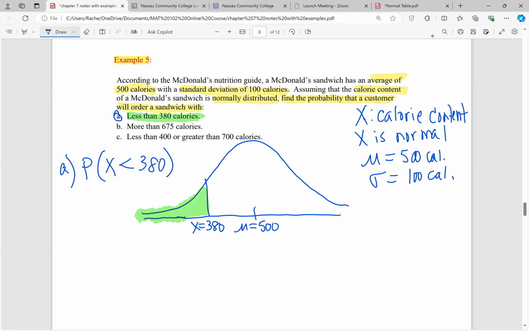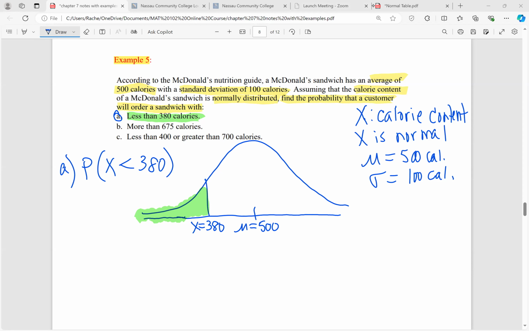And since this is a normal distribution, we could either use the normal table. You would have to convert 380 to a z-score first and do a table lookup. Or we could use the calculator. I'm going to use the calculator. So we need lower, upper, mean, and standard deviation in order to use normal CDF.